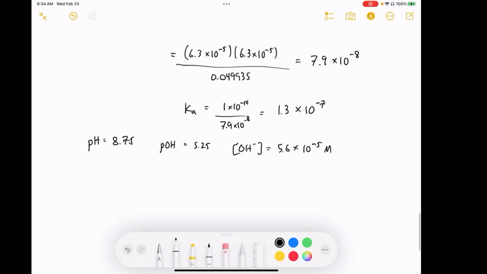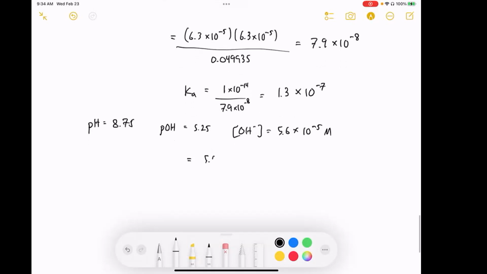Now, if we do that constant again, we get 5.6 times 10 to the negative 5 squared over 0.05 minus 5.6 times 10 to the negative 5. And what is our answer there? 0.05 minus 5.6 e to the negative 5 is still 0.04944.